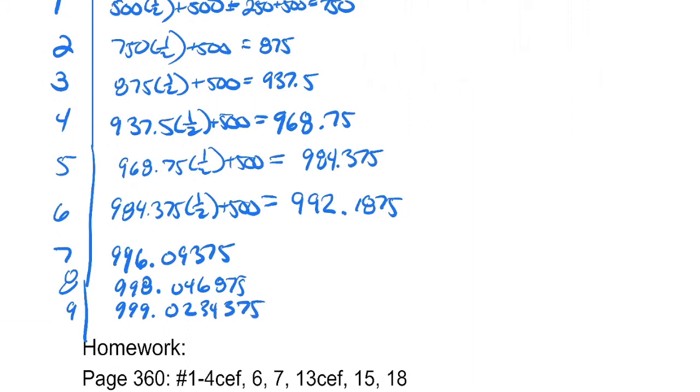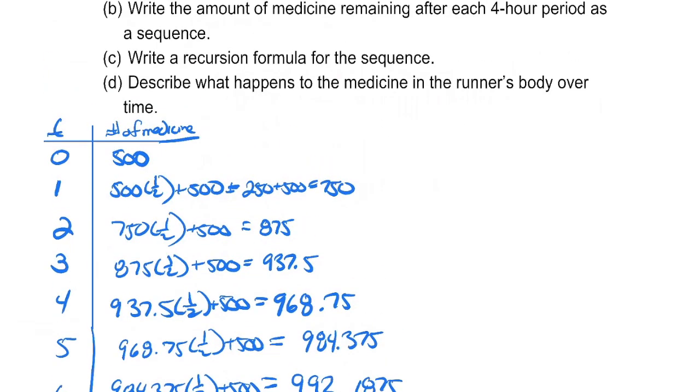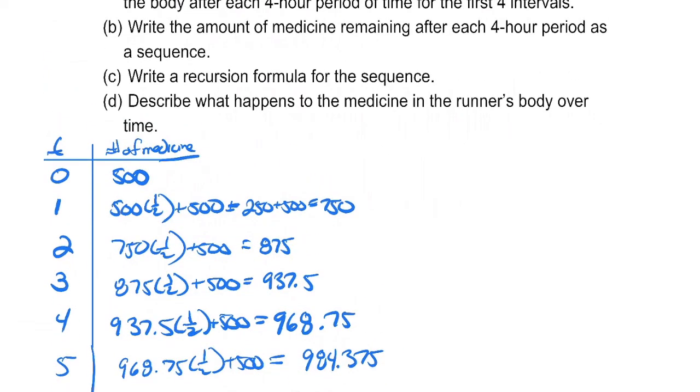Let's just do one last one and see if we can hit 1,000. Nope, we get 999.5117188. We could continue this pattern, and we're going to get really close to 1,000, but we're never going to hit 1,000. And it kind of makes sense. If we keep losing a half, you're never going to get back to 500, and we keep adding 500. So it's going to get close to 1,000, but not there. So there's A.